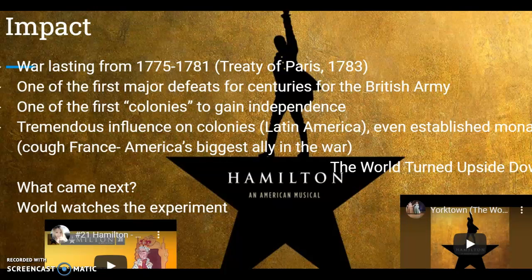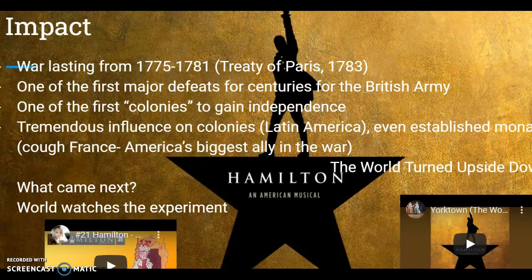So the Americans pulled off the unlikely victory with the tremendous help from France. And that's important for the French Revolution and whether the United States should get involved in the French Revolution later on. So the treaty was signed in Paris, again in France, in 1783, and the United States was given its independence.